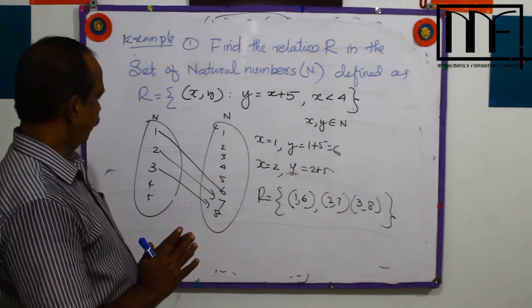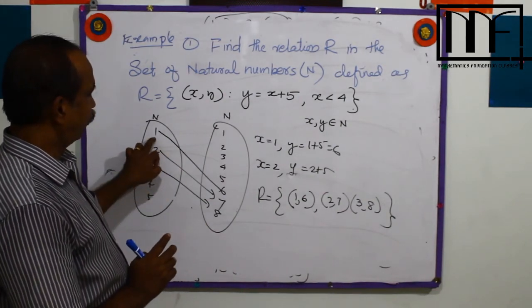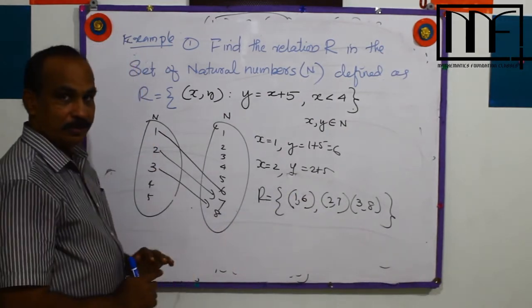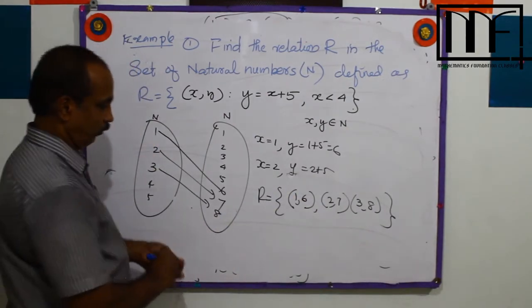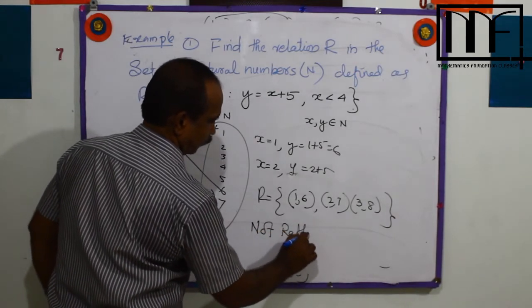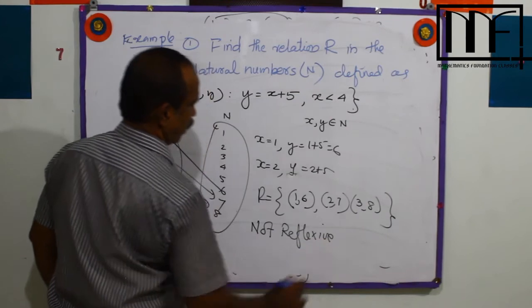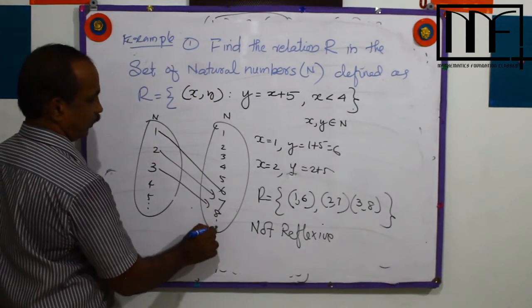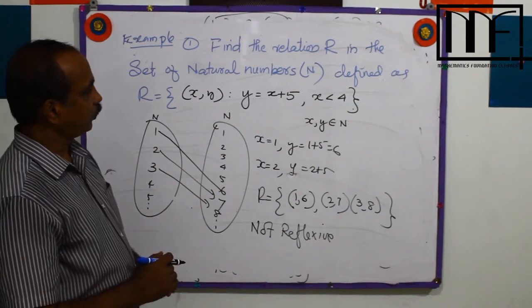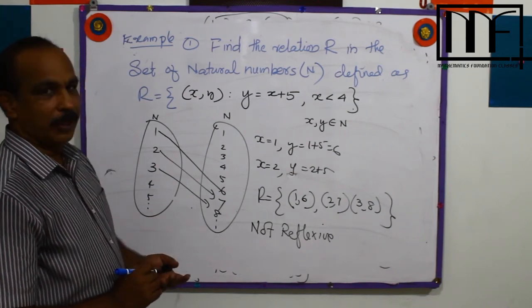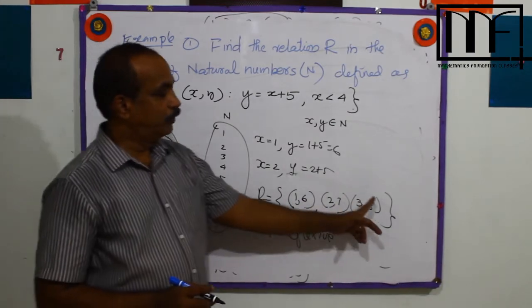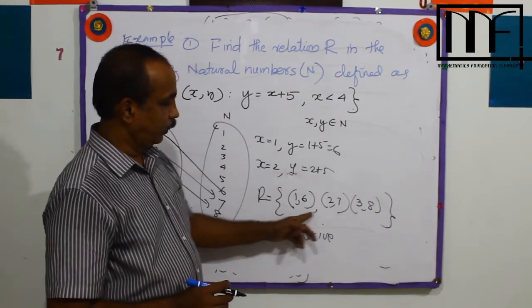When x is equal to 1, you don't find (1, 1) there, therefore it is not reflexive. Let us see symmetric. Symmetric means if (1, 6) is there, there must be (6, 1) also, but (6, 1) is not there.